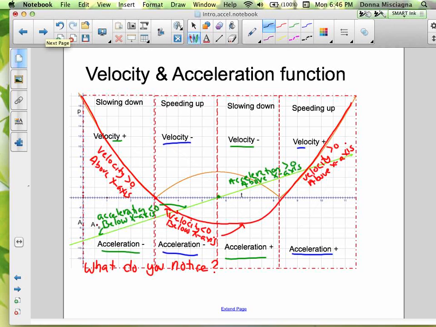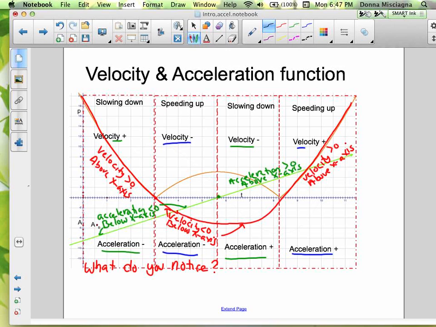When the acceleration and the velocity signs match, then we're going even faster. Where the velocity is negative and acceleration is negative, we're moving in a negative direction ever so much faster. And where the velocity is positive and the acceleration is positive, the object is moving in a positive direction at an increasing rate of change.